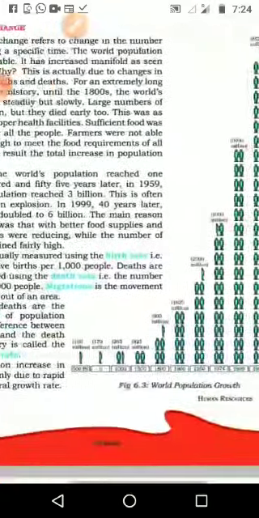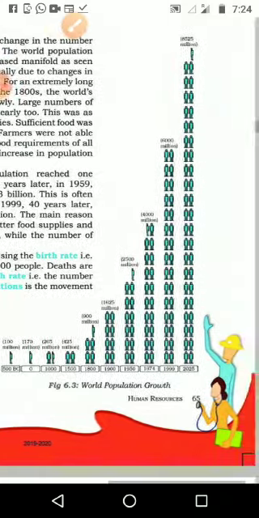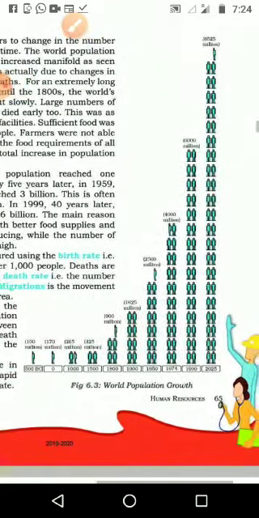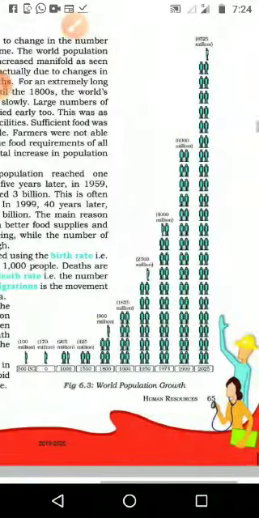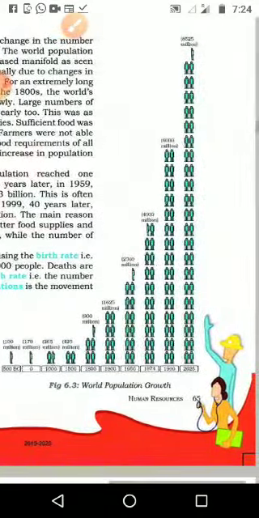Okay, we can see here in 6.3, from 500 BCE to 2025, what the population is. In BCE time it was only 100 million people, then slowly it is increasing, and up to 1500 it was only 425 million people.